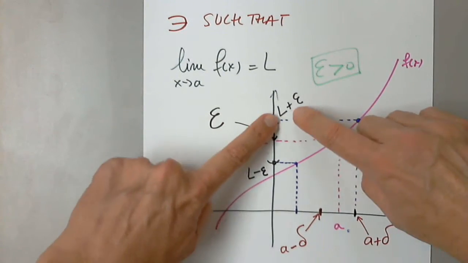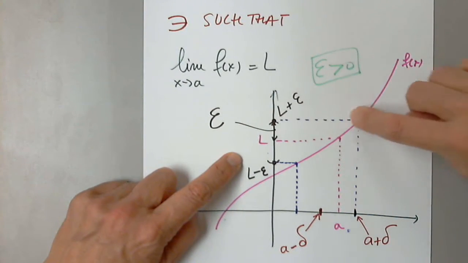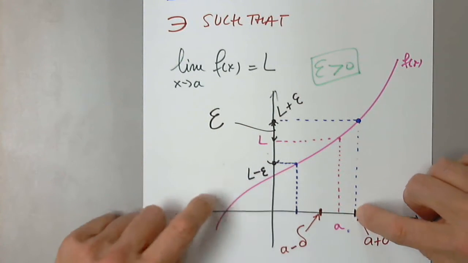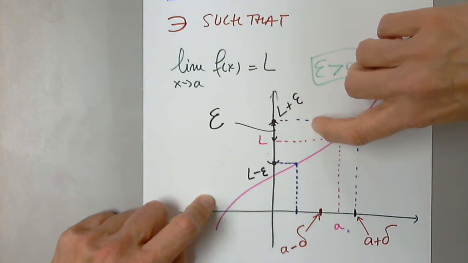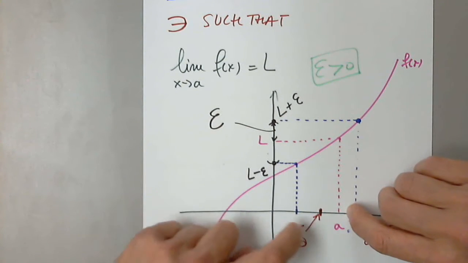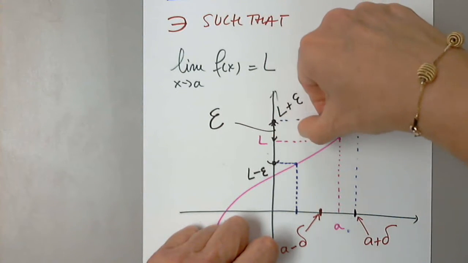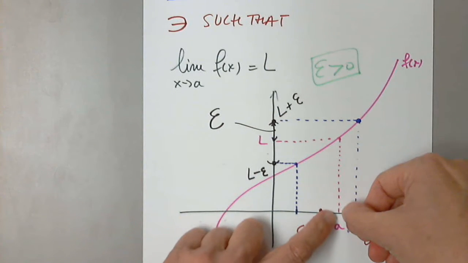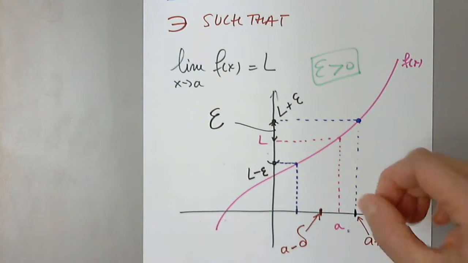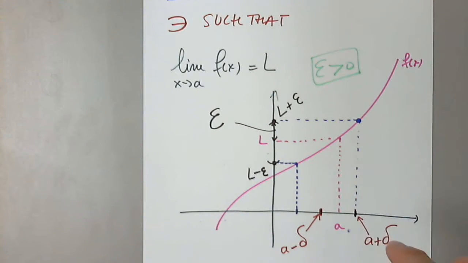This delta depends on epsilon. If epsilon is here, this will be my delta. If epsilon is here, this will be my delta. If epsilon is here, this will be my delta. So for any epsilon, I will find a corresponding delta.